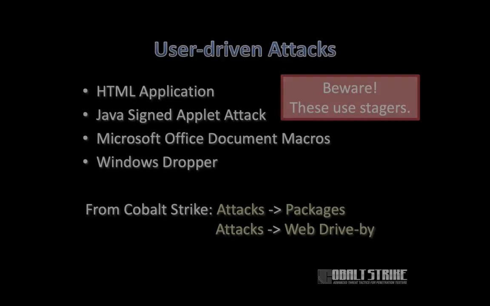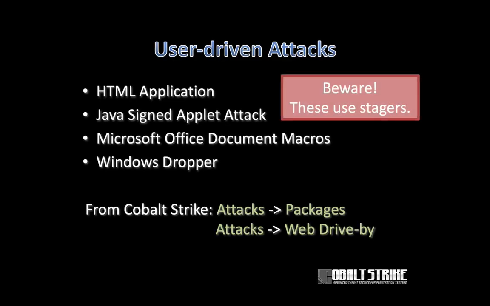So that is a demonstration of defeating a static PowerShell signature using the flexibility given to you by the resource kit. Cobalt Strike does have several built-in user-driven attacks. You can export an HTML application that runs the beacon payload, a Java signed applet, a Microsoft Office document macro, or even an executable that runs your payload and drops a file to disk and opens that file.